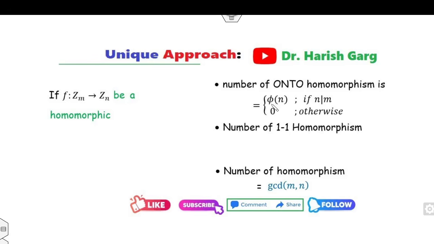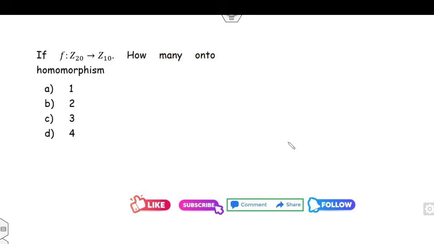Onto homomorphisms are phi of n if n divides m, otherwise 0. Similarly, how many 1-1 homomorphisms? That is the reverse case: phi of m if m divides n, otherwise 0.